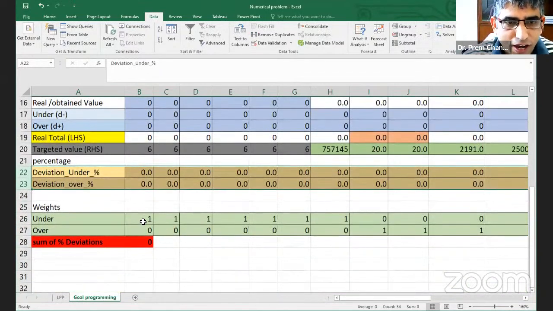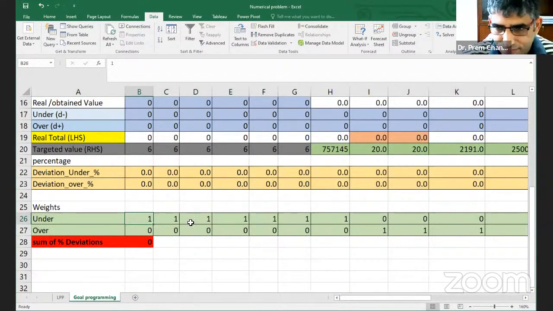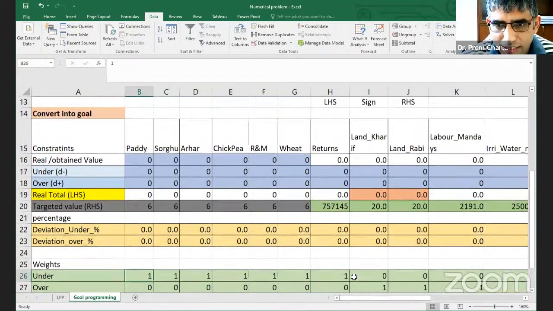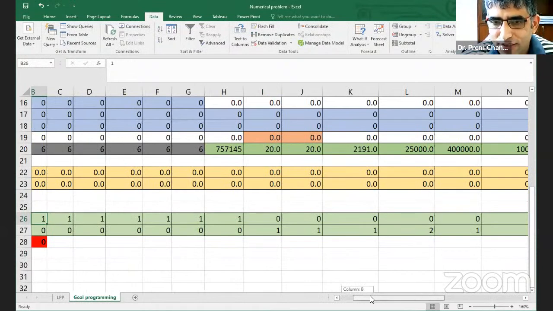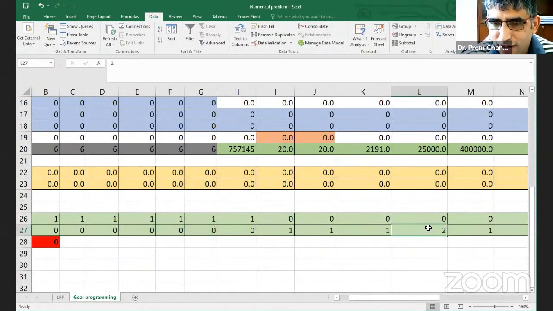I have done this here. I said that water saving is twice as important as the other goals, so I have assigned 2 here.